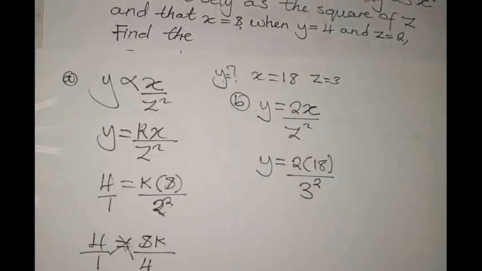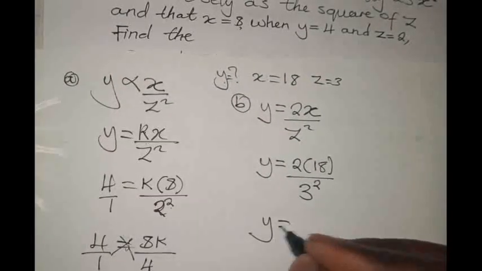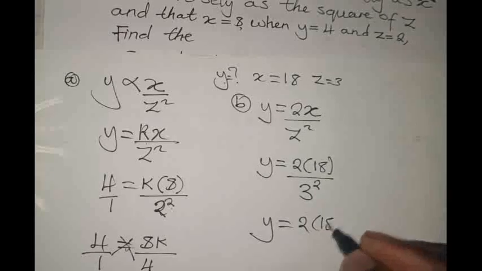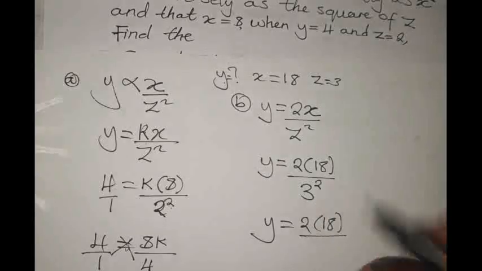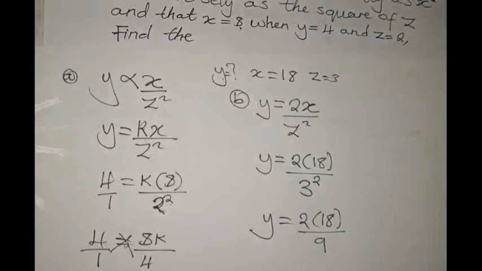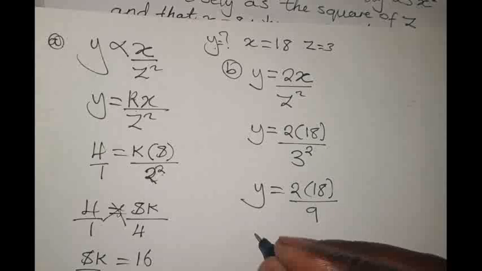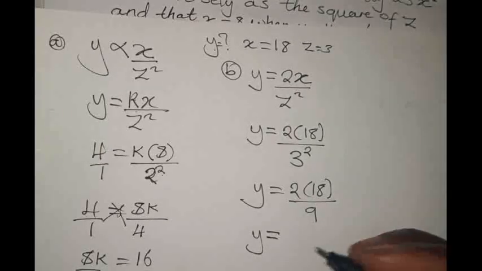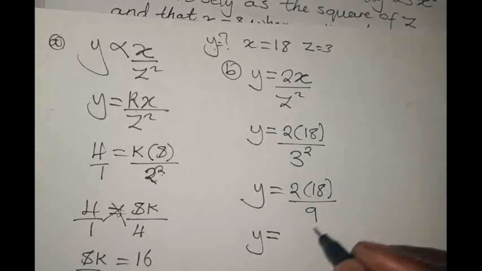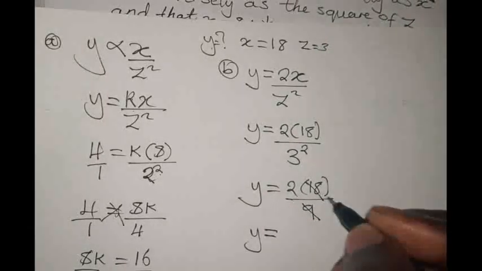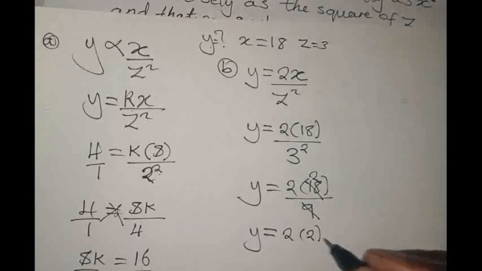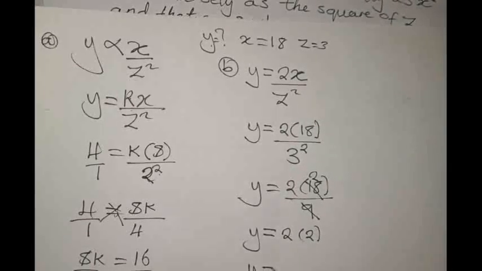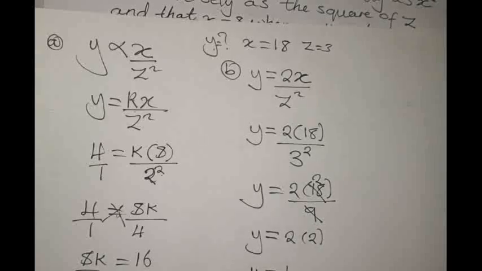So y is equal to 2 times 18, don't rush to find the actual answer, over 3 squared, which is 9. Then 9 into 18 gives us 2, so we remain with 2 by 2, which gives y is equal to 4. You end there.